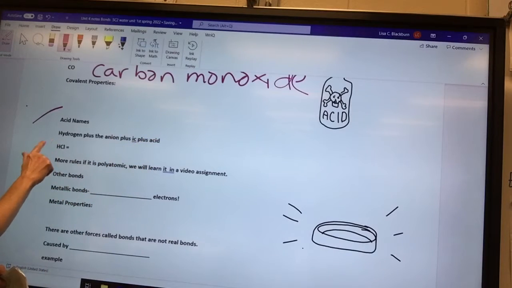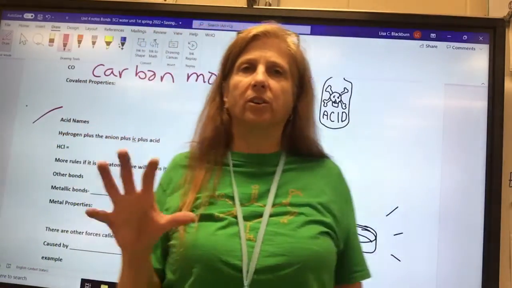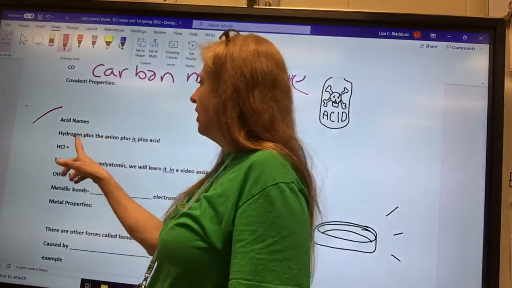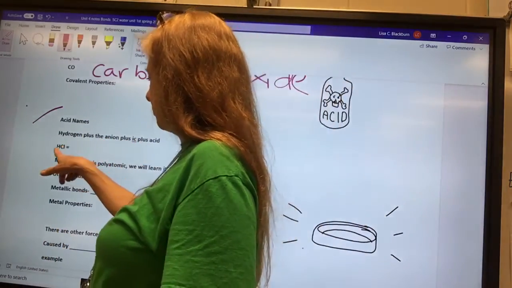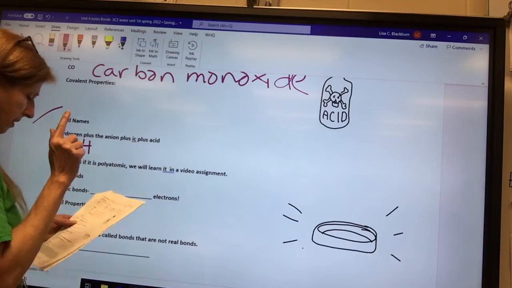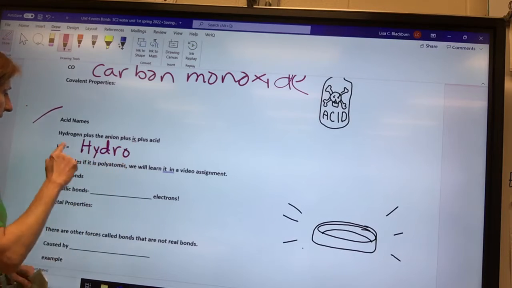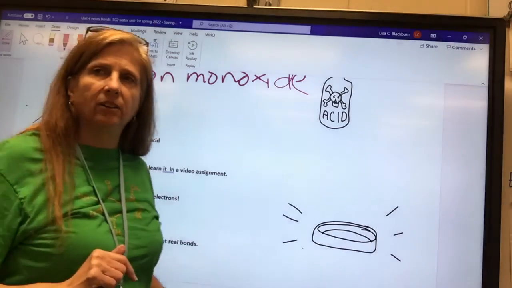So because acids start with hydrogens, okay? They'll either have one or two hydrogens, and they start with hydrogen. So like this starts with hydrogen. So we say hydro for the hydrogen. Then you say the anion, and the anion is chlorine. Do you see that?